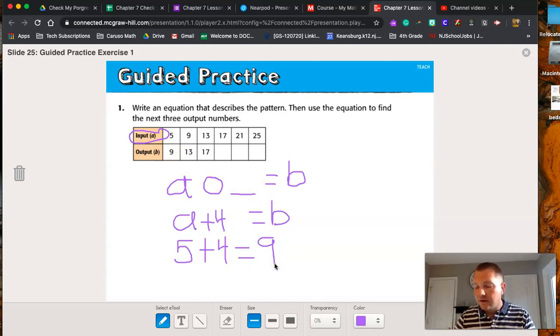And if I keep on filling that out, 17 plus 4, I'm going to have 21. 21 plus 4 is 25. And 25 plus 4 is 29. All right. Make sure you watch clip 2.